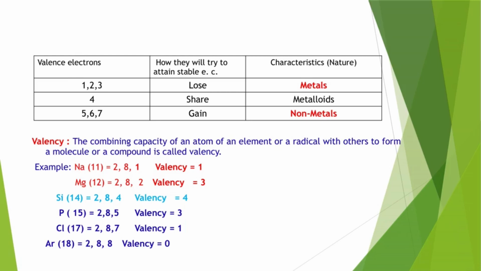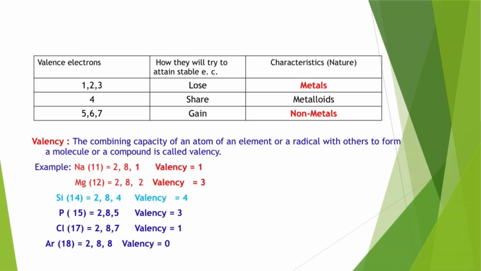How they lose, we have studied. From this, we can sum up that valency can be defined as the combining capacity of an atom, of an element, or a radical. This term radical we will discuss in coming classes.